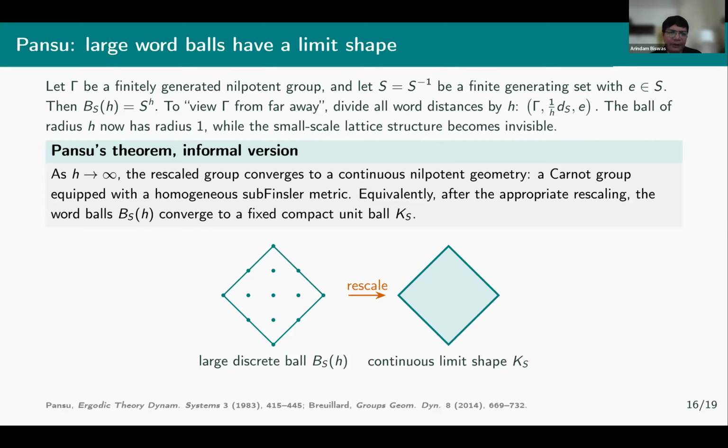Pansu's theorem, the informal version, is that if you take this large discrete ball, it looks like this. These are the points, this is the center, and these grow like this. But the continuous limit shape will be something like this convex body, a fixed compact unit ball.